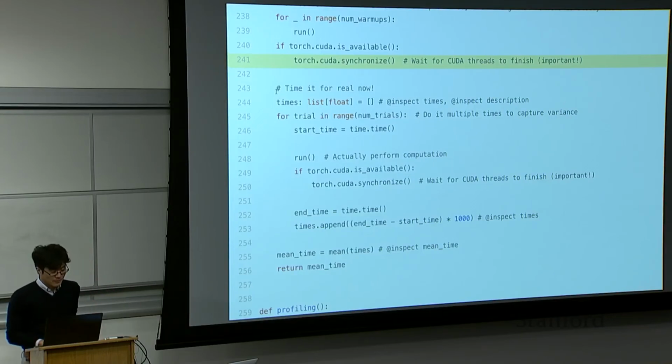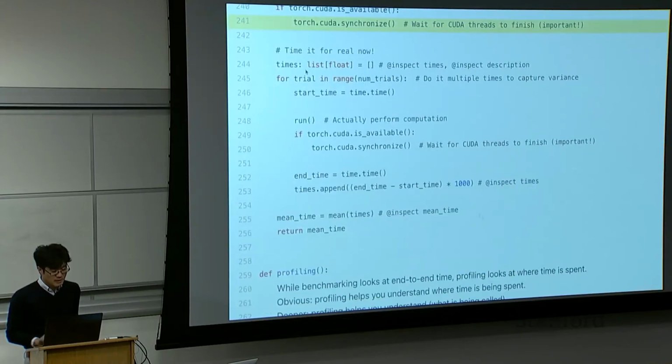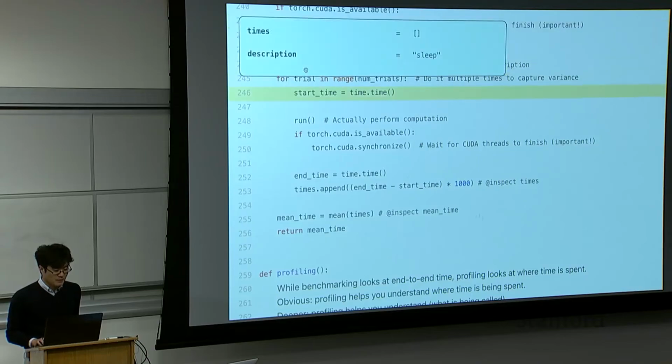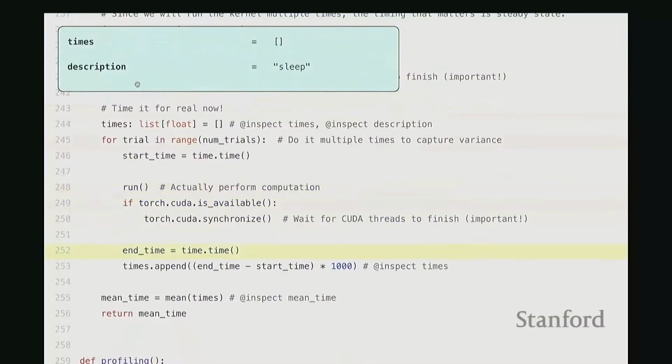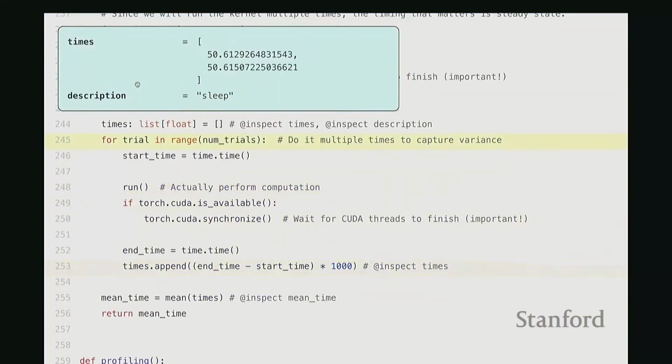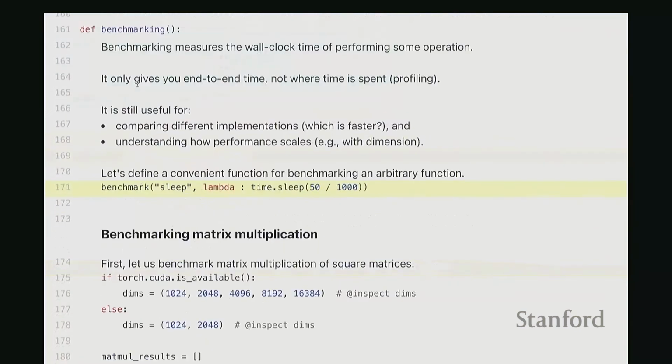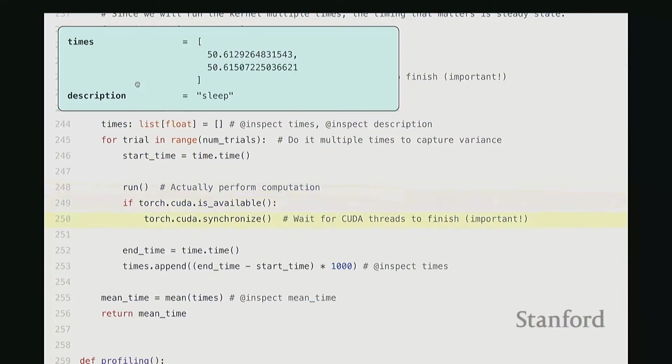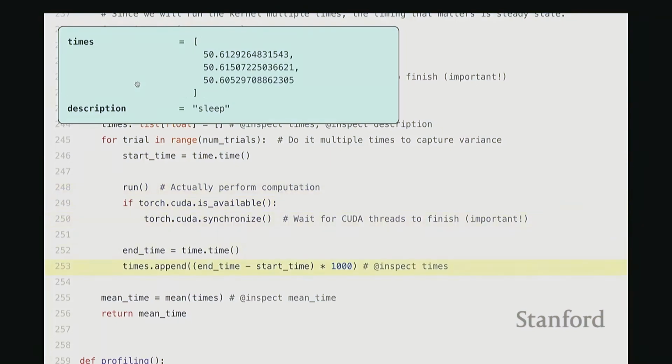Now the GPU and CPU are in the same state, and I'm going to time it for real. I'm going to time something some number of times, and I'm going to run the computation, which in this case is the sleep command. I'm going to do it 3 times. Since I'm trying to sleep for 50 milliseconds, that's the time that I'm going to get at the end. So I do time.time 3 times.